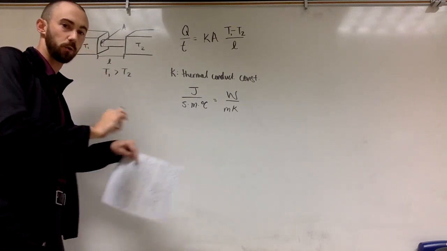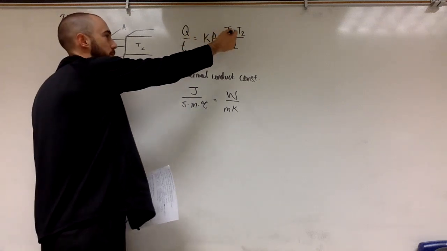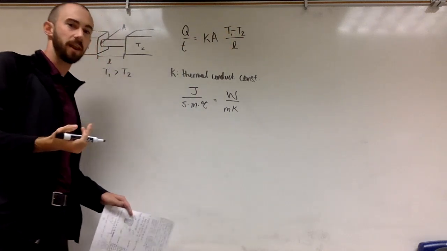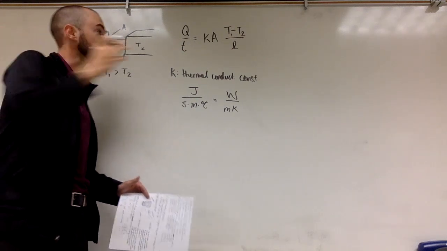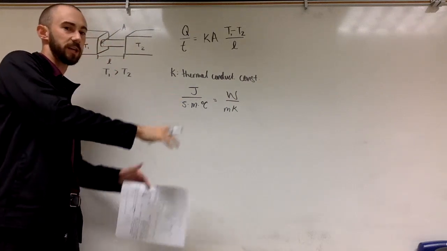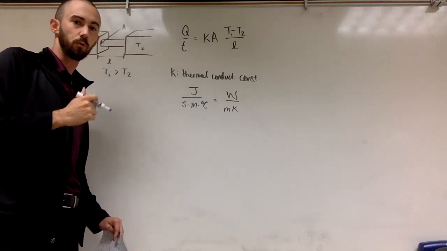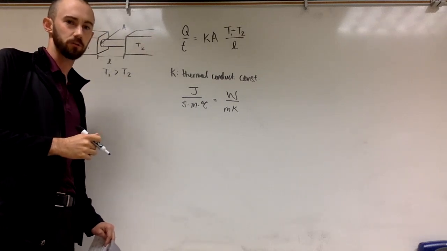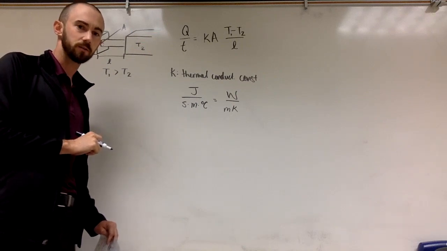Bigger area for heat to flow through, then the heat's going to exchange faster because there's more spots where particles can contact with each other and energy can flow. And finally, the bigger the temperature difference, the faster that energy is going to flow. If I've got particles that are moving significantly faster on this side than that side, when they contact, they're going to transfer that energy in and it's going to spread really quickly. As the temperatures begin to equalize, though, the rate at which heat transfers out slows down quite a bit.